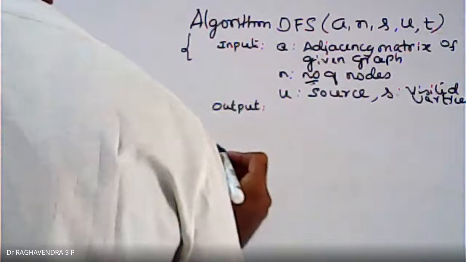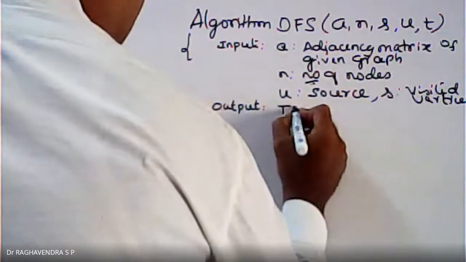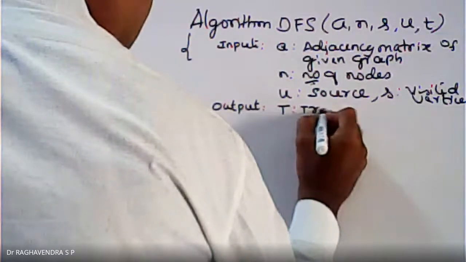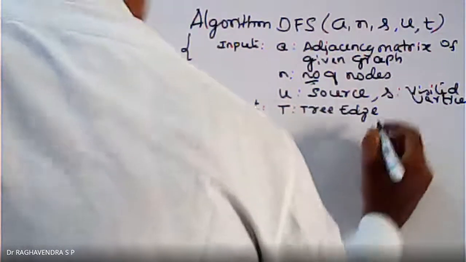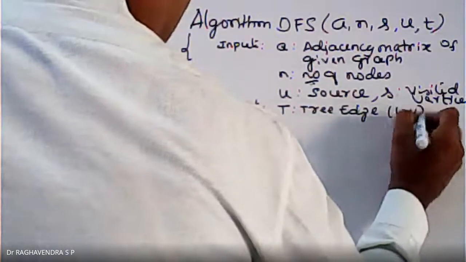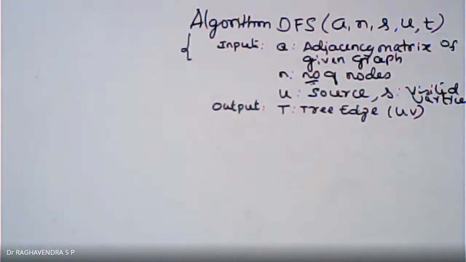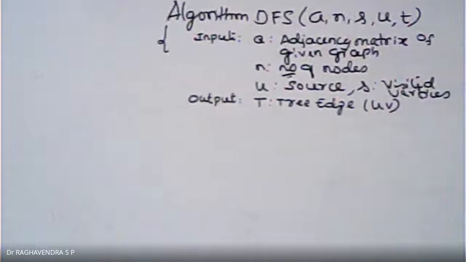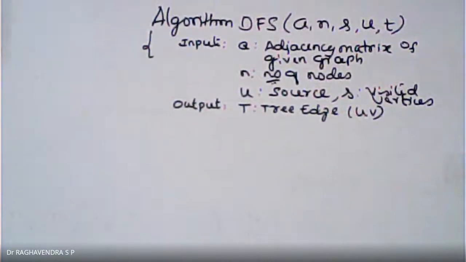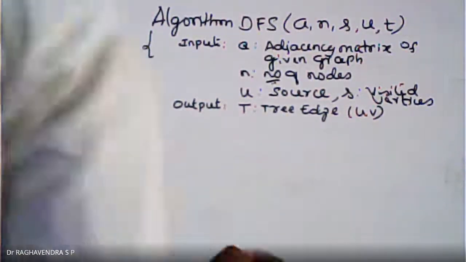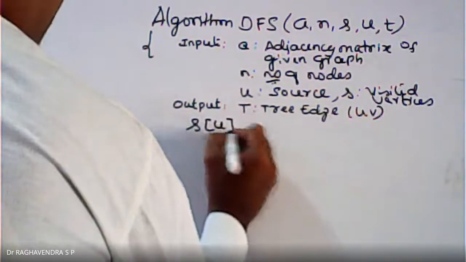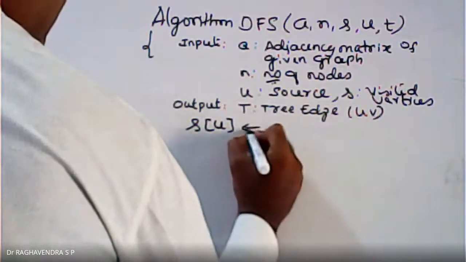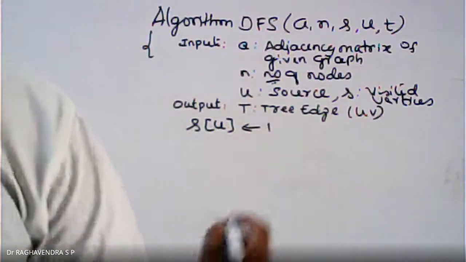These are the arguments. Then in the algorithm, x of u equals 1 indicates visited.